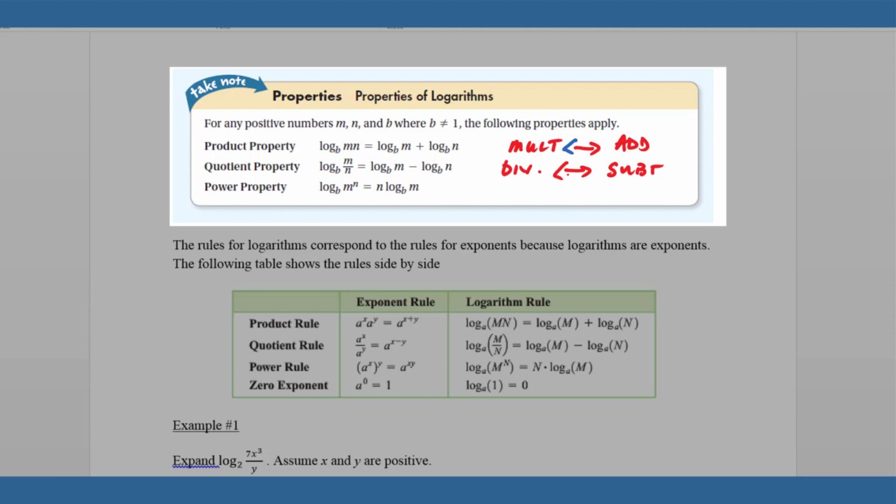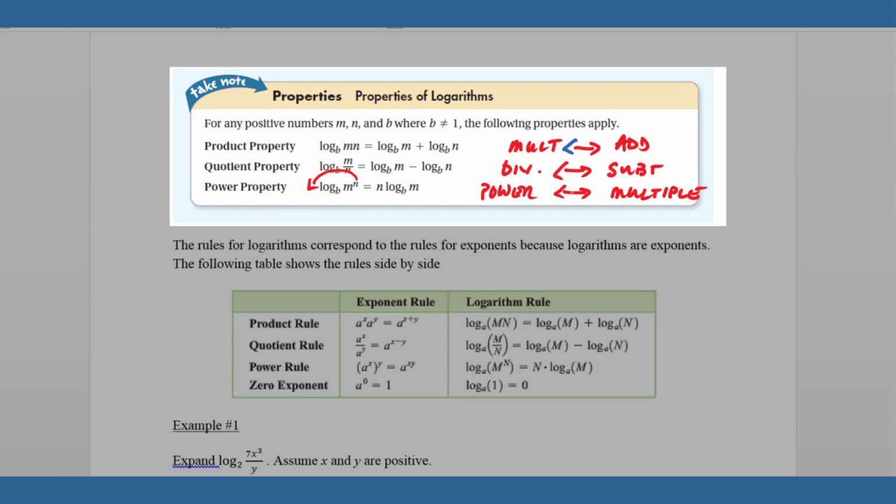And then finally we have the power property, where if we have a log and the argument is being raised to a power, that power can become a multiple of the entire log. You can see that we take that and put it in front of the log, and of course it can go vice versa.